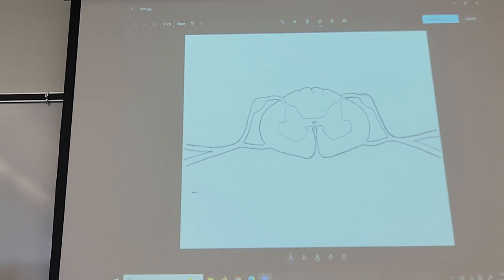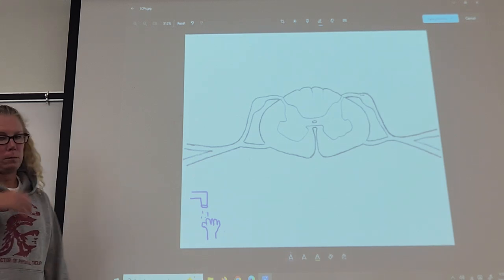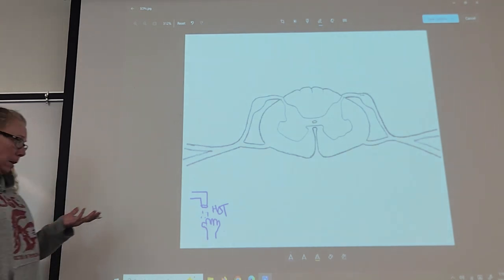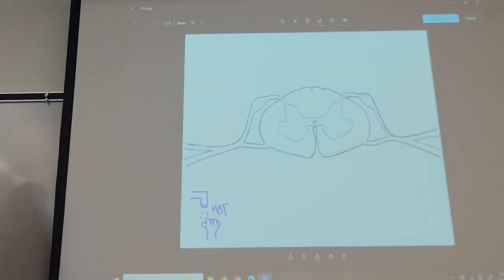So to draw, you can just describe to me. Okay, I'm just gonna do hand under hot water. Okay, so that's gonna be my stimulus. And this is gonna be a painful stimulus because it's gonna be very hot. So that's what I'm choosing to do. You can choose for polysynaptic withdrawal, you can choose, you know, the bottom of your foot. Maybe you're stepping on a piece of glass, you know, in the sand at the beach or something. Alright.